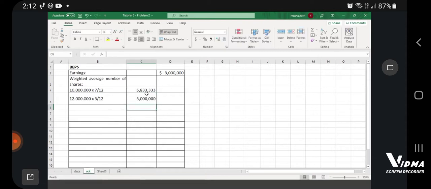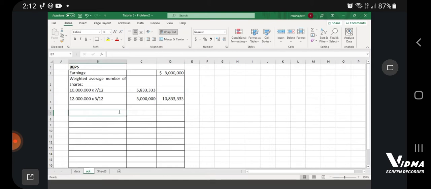Okay, so this is the total number of shares if we combine them together. The weighted average number of shares, that takes into account not only different numbers of shares at the beginning and at the end of the year, but also the proper time when they have been in issue, is 10,833,333.